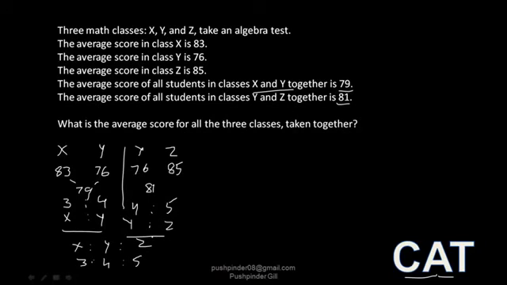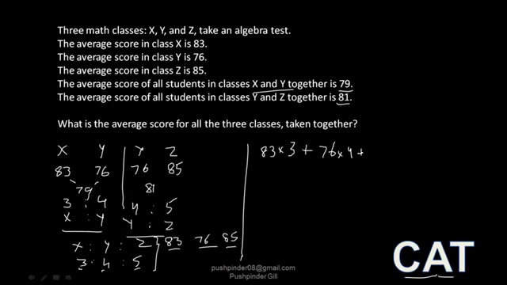They are in 3 ratio 4 ratio 5 and their average scores are 83 for X, 76 for Y and 85 for Z. So using weighted average, because for 83 there are 3 parts, for 76 there are 4 parts, and for 85 there are 5 parts, the overall average would be 83 into 3 plus 76 into 4 plus 85 into 5, divided by 3 plus 4 plus 5. Looks easy, right? Great. So you see, you can very well solve even the CAT questions with such ease.